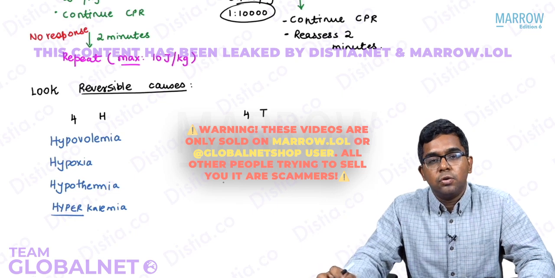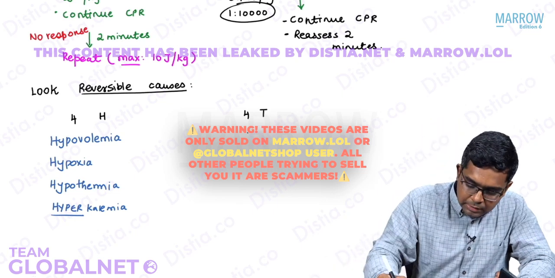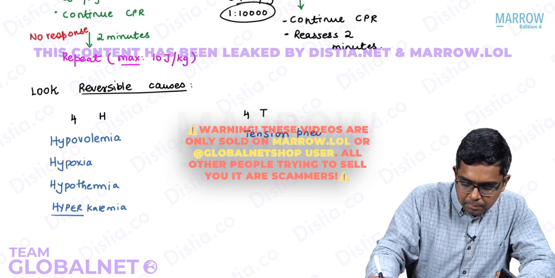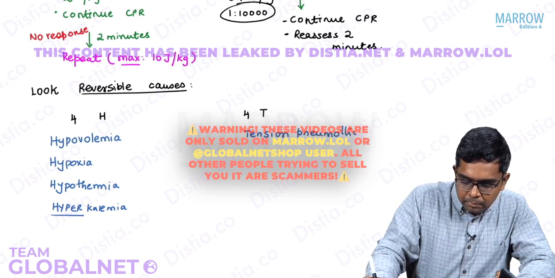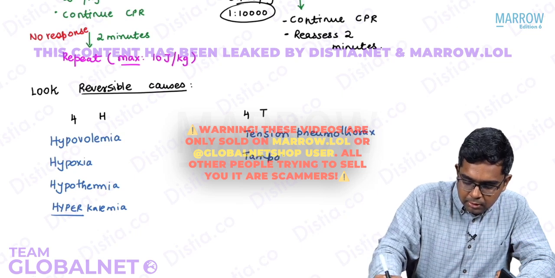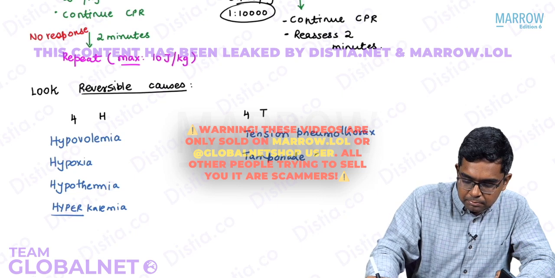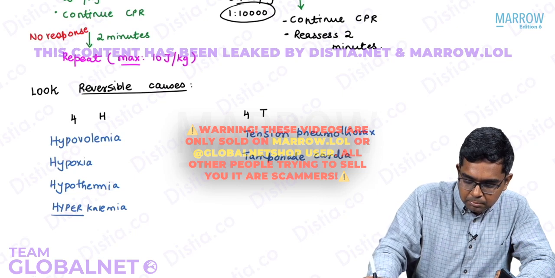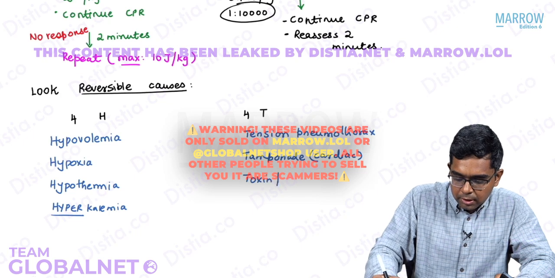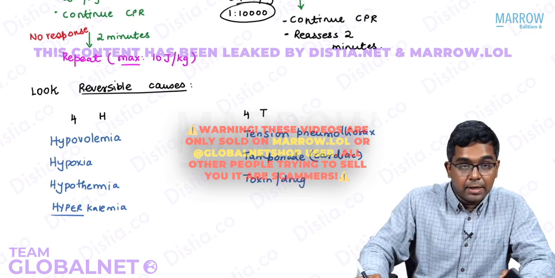Next is about 4Ts. These Ts include tension pneumothorax, tamponade. I am talking about the cardiac tamponade. Then about toxins or drugs causing cardiac arrest.